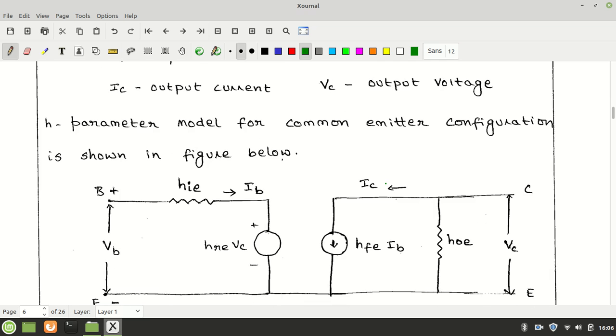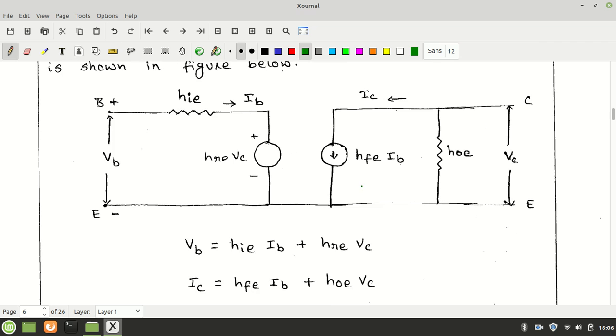We don't bother about the quality or characteristics of the biasing inside the black box. Macroscopically, we are calculating those things.